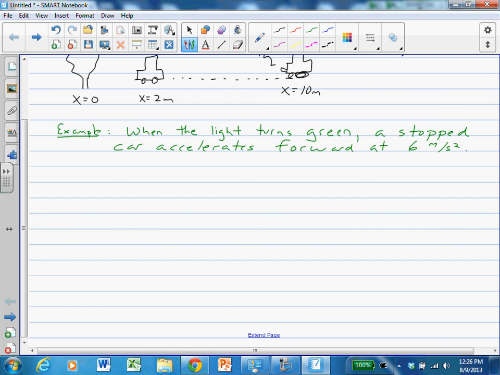Fully describe the car's motion over the first 5 seconds.